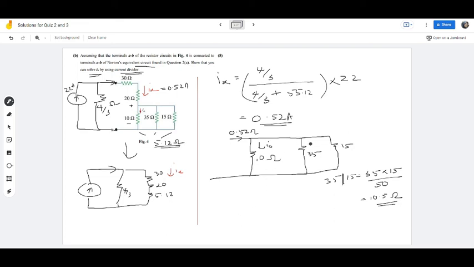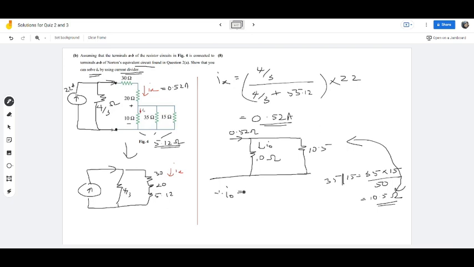So therefore, I naught. Once you get that number, I have less space now, so I'm just going to erase that 35 and replace it with 10.5. I'm taking this bit here. So what is I naught?